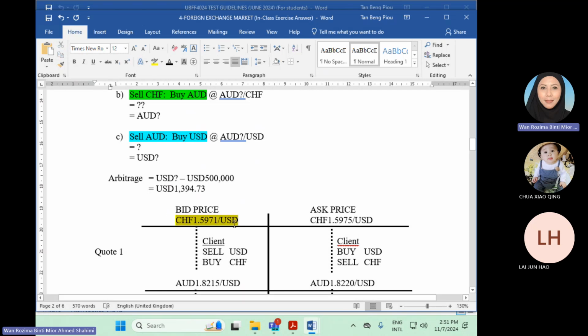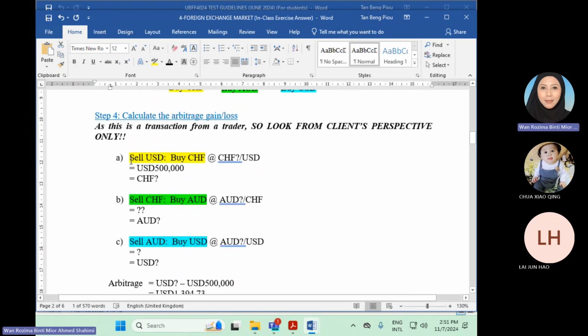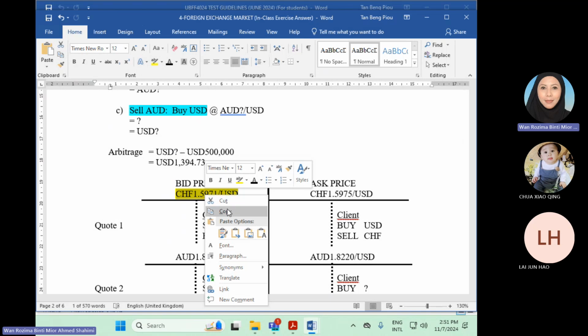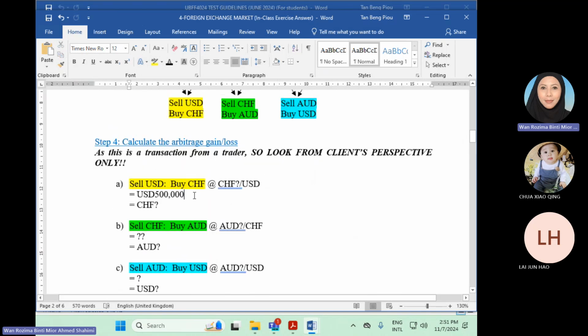So I'm going to use this, copy, because it matches the sell USD, buy Swiss franc. This one is buy USD, sell Swiss franc. Then I will choose this, copy, and write it here. Then I check this one, different location.